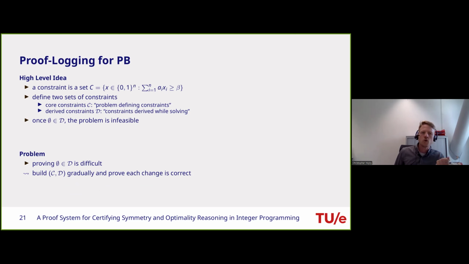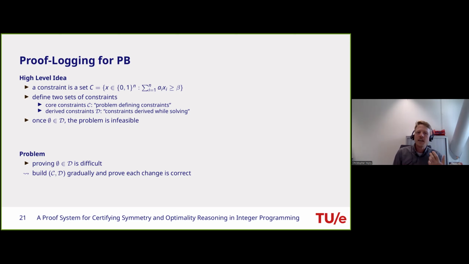The so-called core constraints, which I denote in the following by a curly C, and the derived constraints that I denote by a curly D. And you can think about these core constraints as the original constraints that define my pseudo-Boolean optimization problem, and the derived constraints, which can be thought of as the additional constraints that are derived while solving the problem. So for instance, this fixing a variable to 0 because of dominated columns, or x is at least as large as y if we're dealing with symmetry reduction.